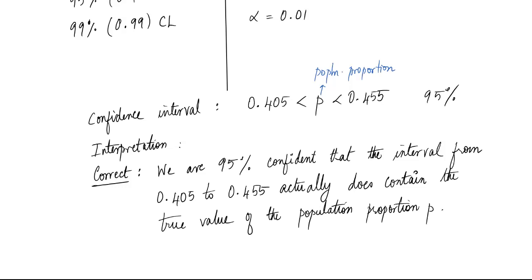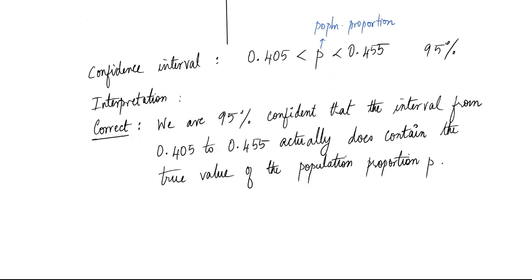This is the correct way to explain that interval, the confidence interval. It depends on what level we set. If we set it as 95%, then we're saying that we're 95% confident. If we found this range of values to be good for 99%, then we'll say we are 99%. So we are 95% confident that the interval from 0.405 to 0.455 actually does contain the true value of the population proportion. We're confident that the true value will lie in this interval.